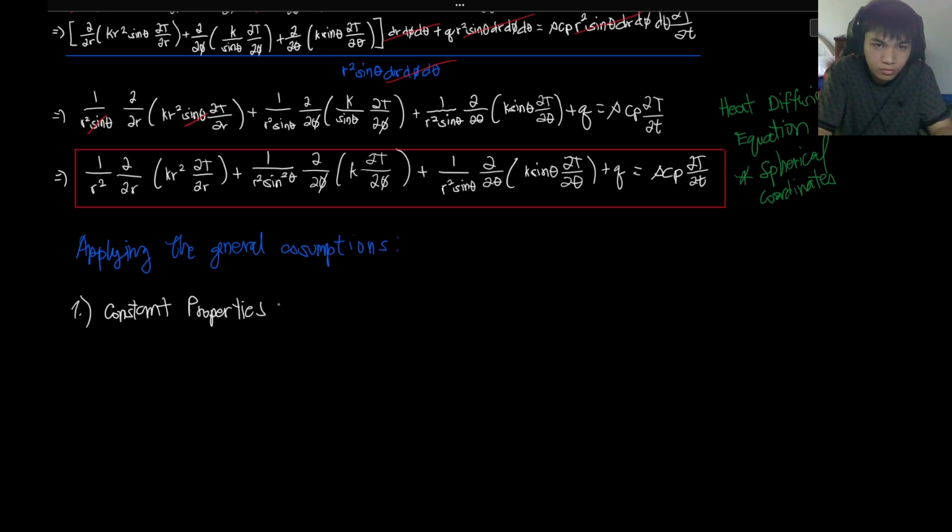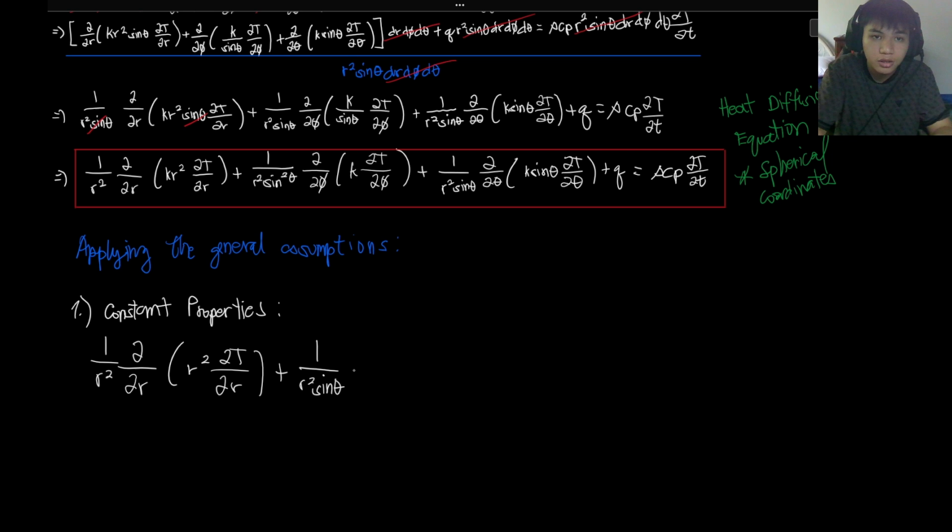So that is basically 1 over r squared, partial derivative of r. Now, alisin lang natin yung k. You have r squared, partial derivative of temperature with respect to r, plus 1 over r squared sine theta, right?